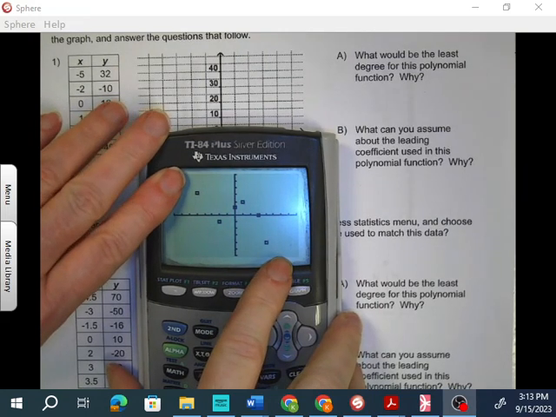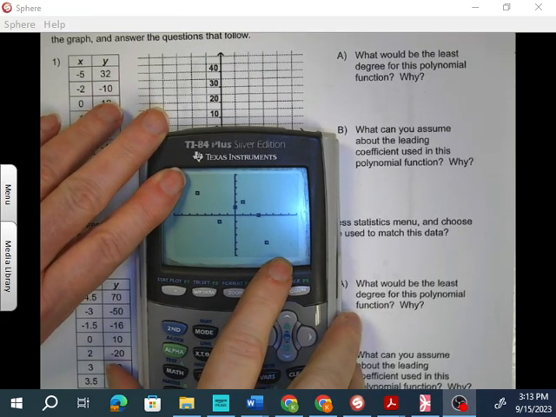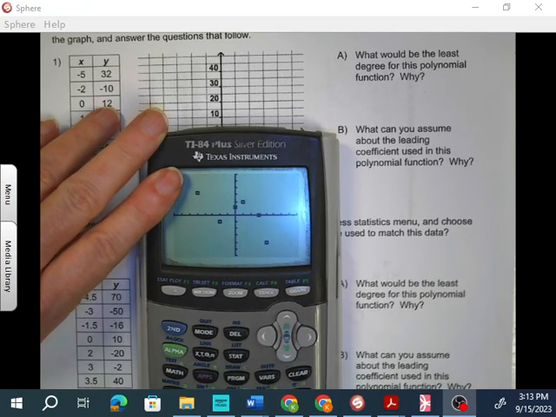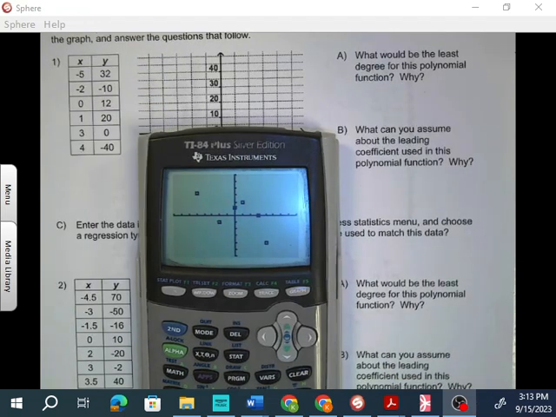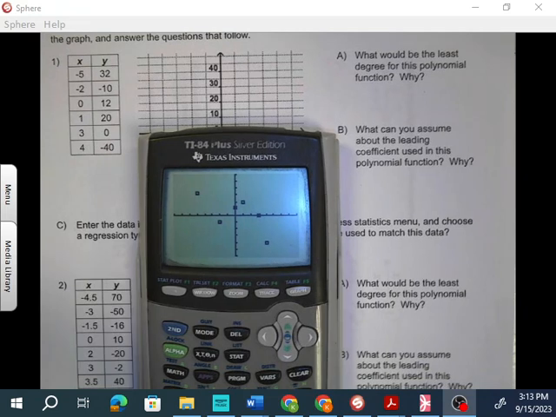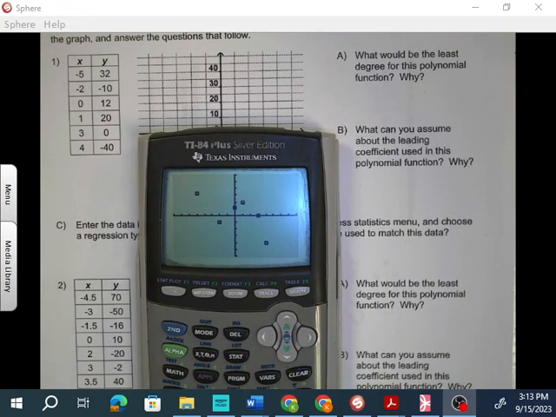It definitely has to have a negative lead coefficient because the right side's going down. But the degree has to be odd because I have one arrow up and one down. So the least possible degree is 3, but it could be 5, 7, or 9, because the bumps plus 1 gives you the least possible degree.